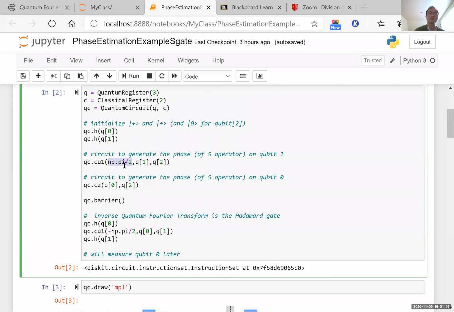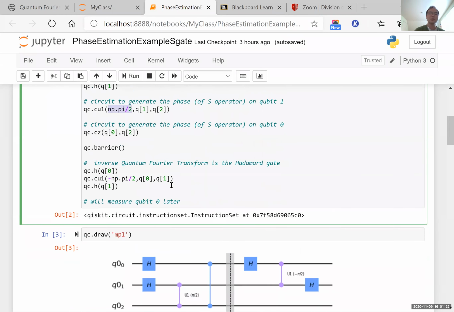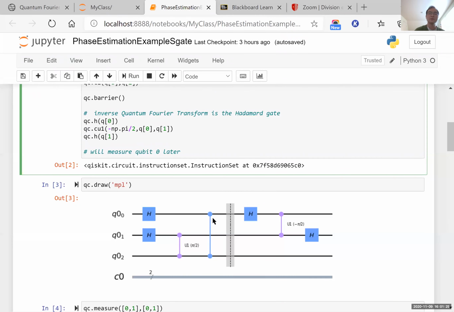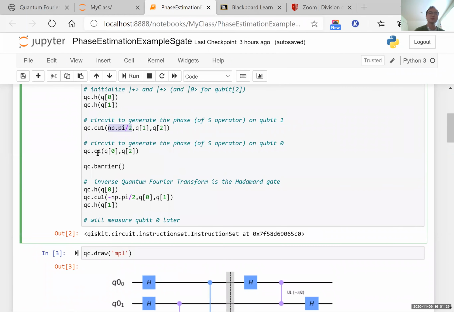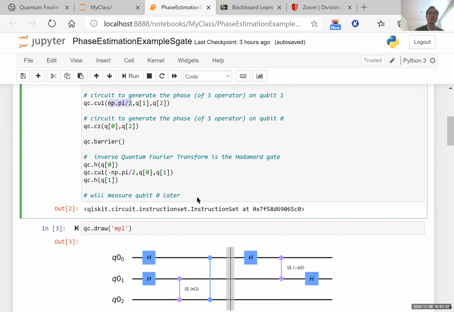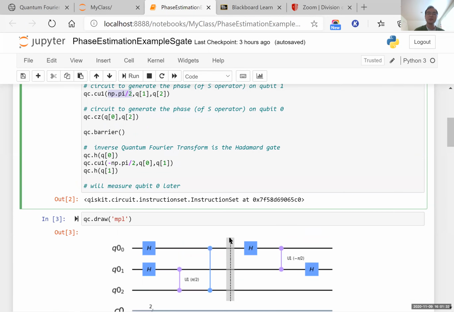So the control S gate is controlled by qubit 1 and acting on qubit 2. Then I do a control S squared, but S squared is Z, so I just do control Z from qubit 0 to qubit 2. That's the end of phase encoding.